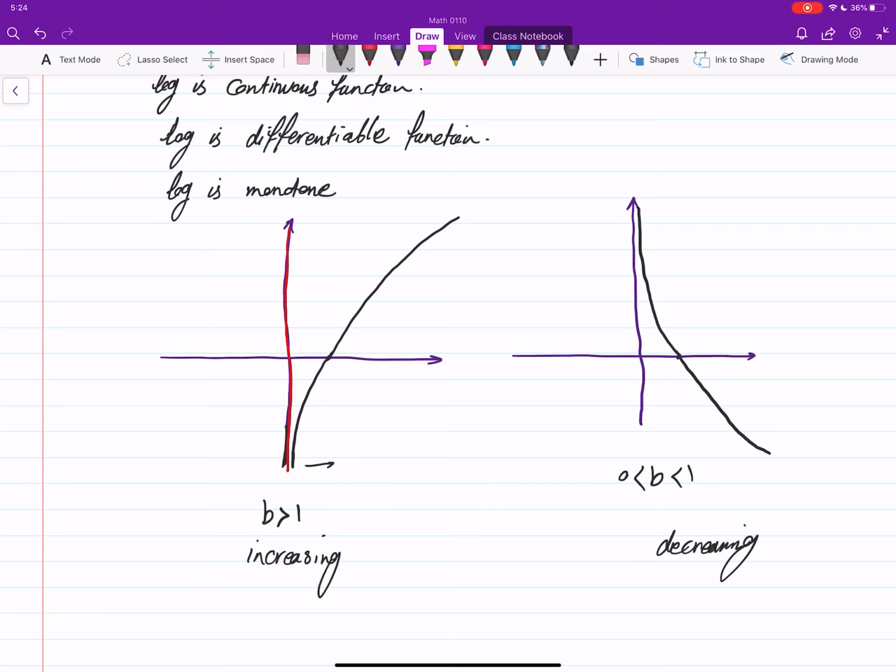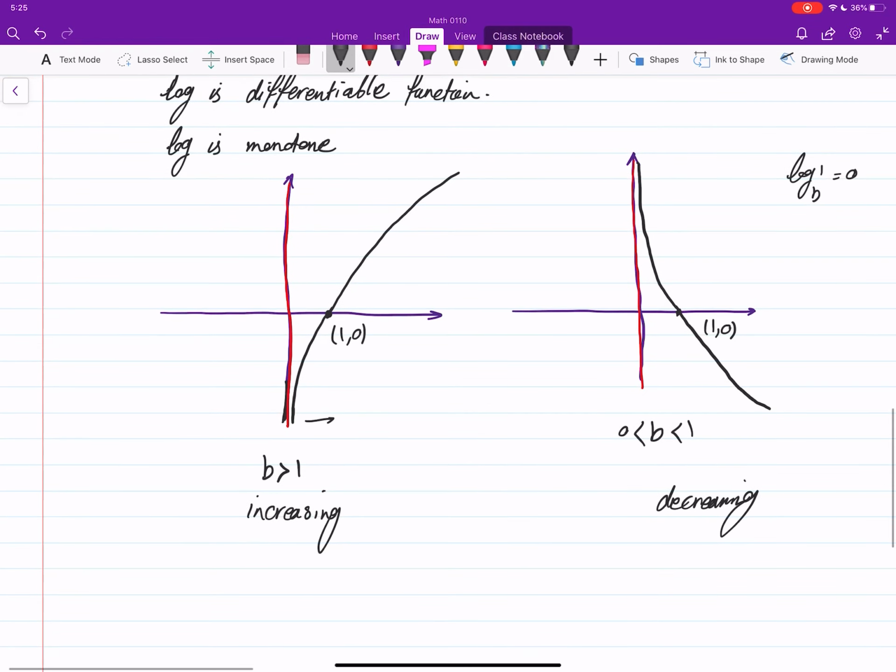And again, the y-axis is going to be the vertical asymptote. In both cases, since log of 1 in any base is 0, all the logarithmic functions pass through the point (1, 0).